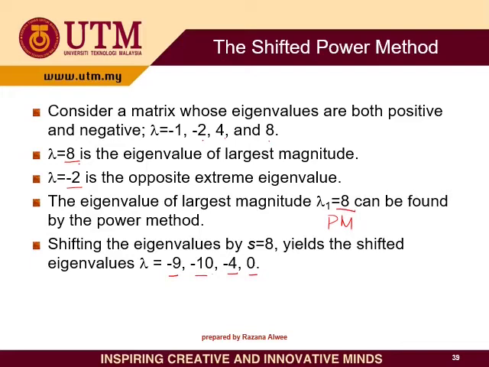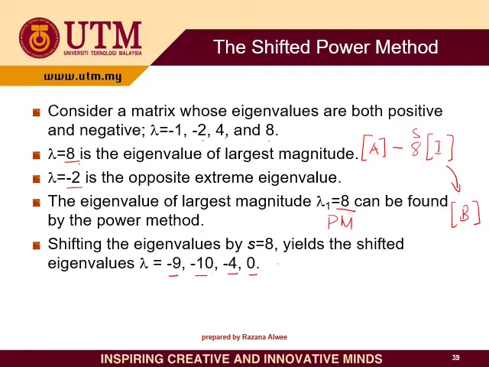Same as the previous slide, minus 8 is our S, times the identity matrix, and you will get your matrix B. Then in matrix B you will have these eigenvalues.